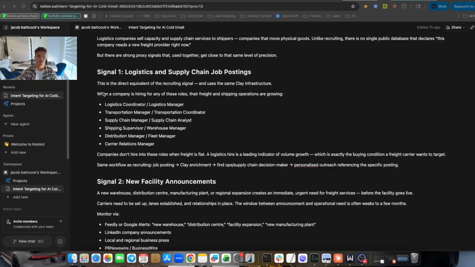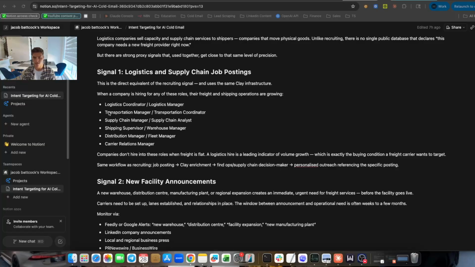So some examples here would be job openings for logistics coordinators, transportation managers, supply chain managers, shipping supervisors, distribution managers, or carrier relations manager, to name a few. There's obviously a couple other examples, I'm sure, but the reality here, if you're a business owner of a logistics and shipping company, companies that sell physical goods, for instance, that are hiring for roles like this, they don't hire into these kinds of roles when their freight is flat or when they're not looking to move goods at a higher rate.